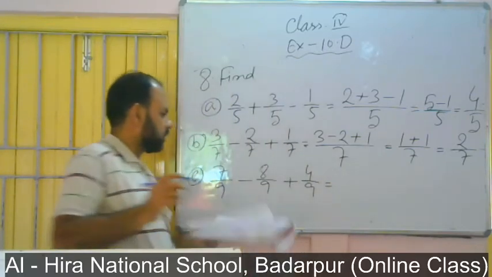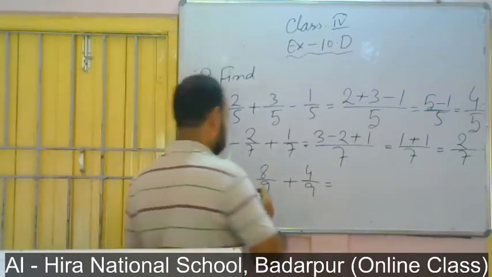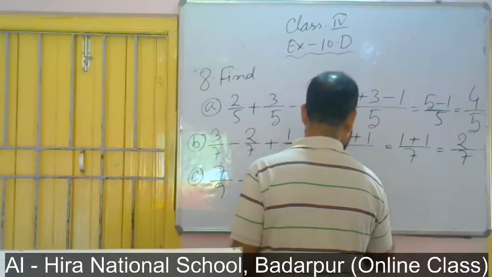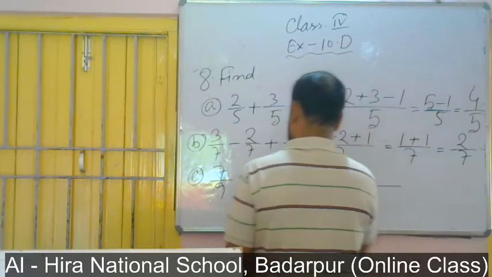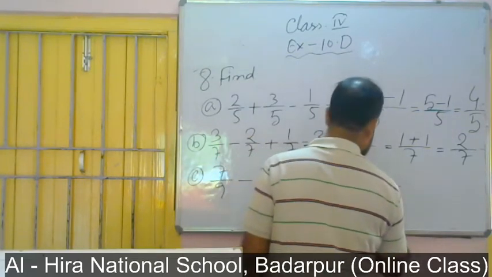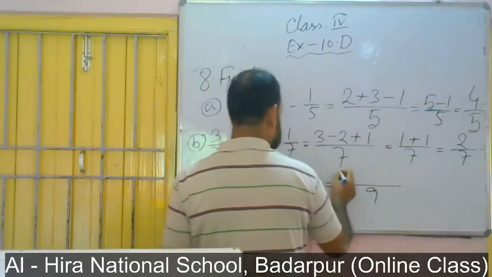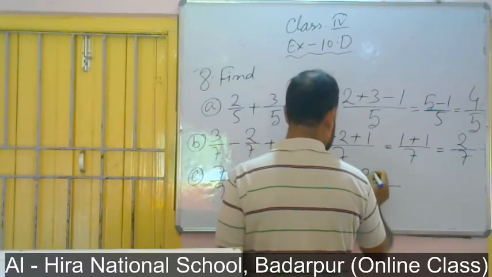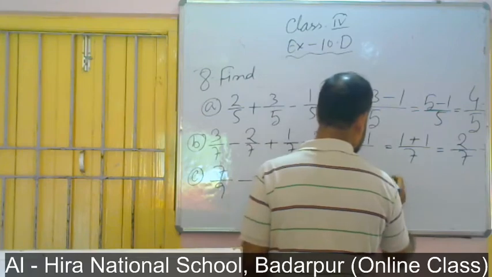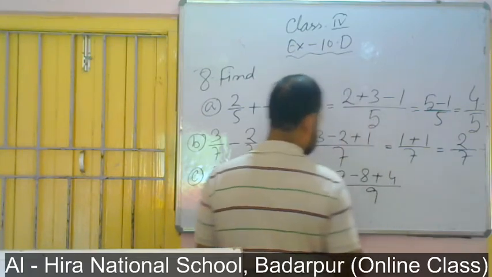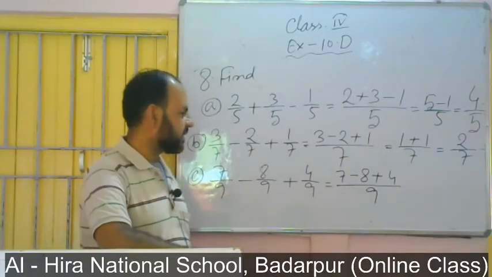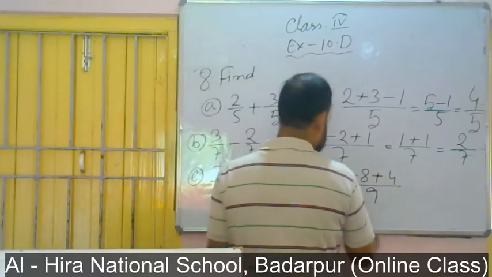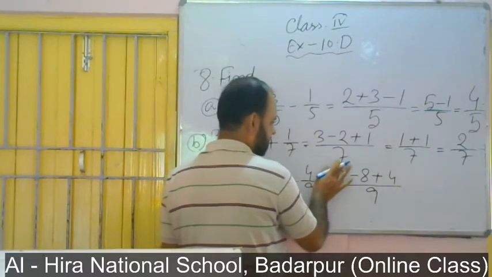The denominator is 9: 7 minus 8 plus 4. Here 7 minus 8 is not possible. Where no sign is written, it means plus.